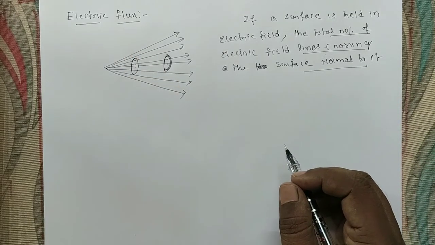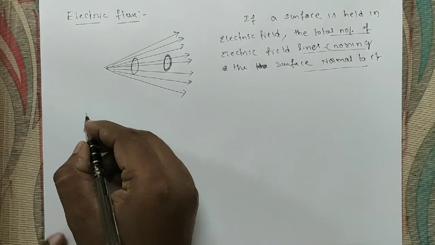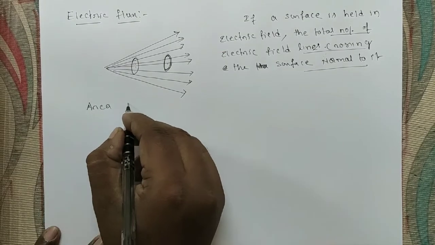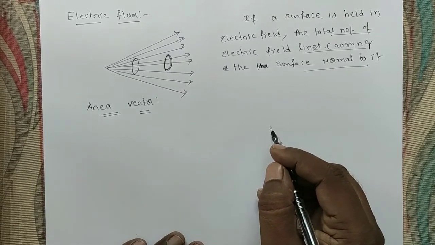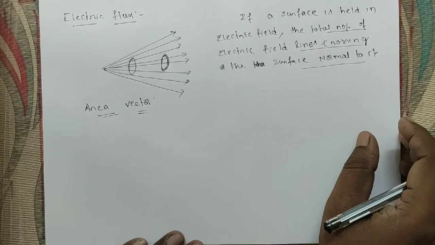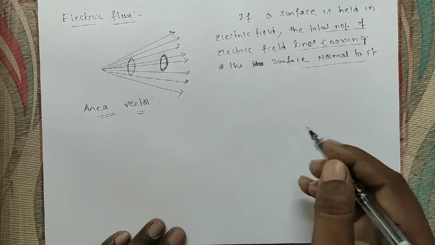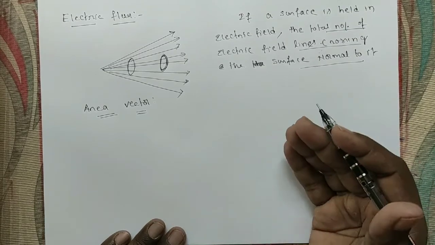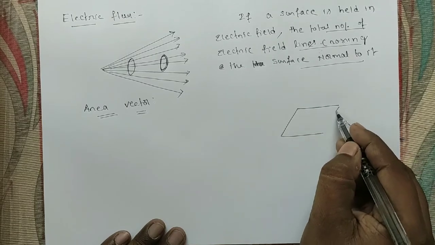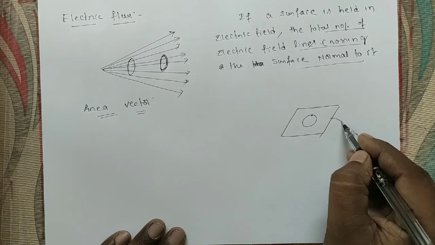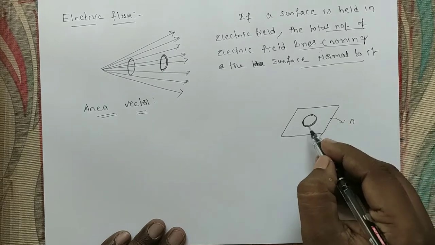Before going into the details of electric flux, we have to define one more thing, that is the area vector. So what is the area vector? In mechanics in first year you studied area as a scalar, but in the case of electric field as well as magnetic field, we discuss area as a vector quantity. Vector means magnitude and direction. Suppose you take a surface like this, this is the area A, and there is a small part you took here, the small area dA.